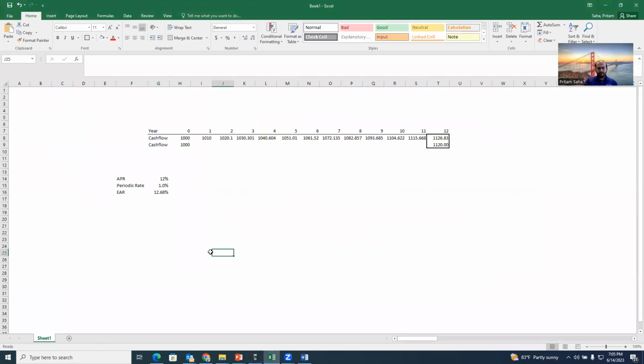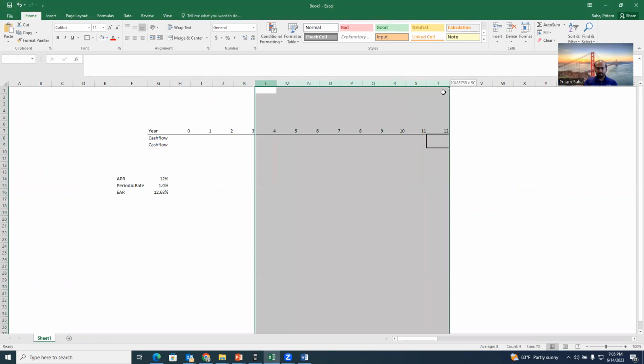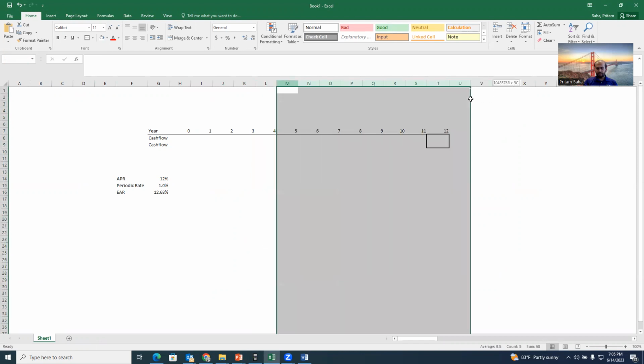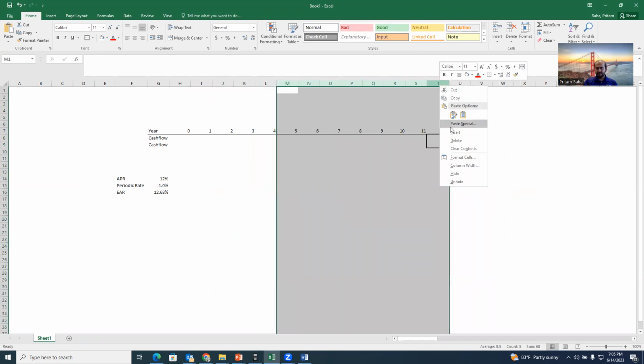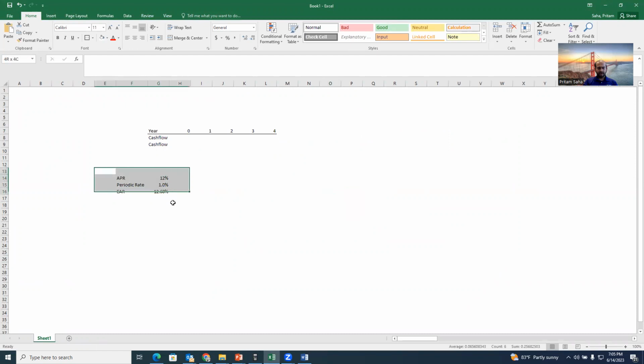So let's say we have 3 years, okay? Now it's not month, it's year. Let's forget about everything else, and let's say we have only up to, or let's say 4, doesn't matter. When we say loan, we have to understand 2 different terminologies. What is the price of the loan?